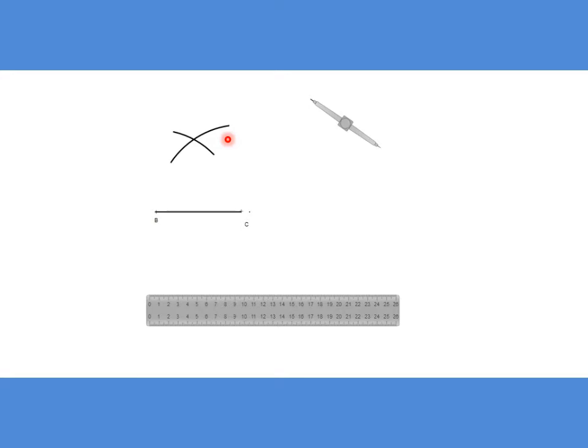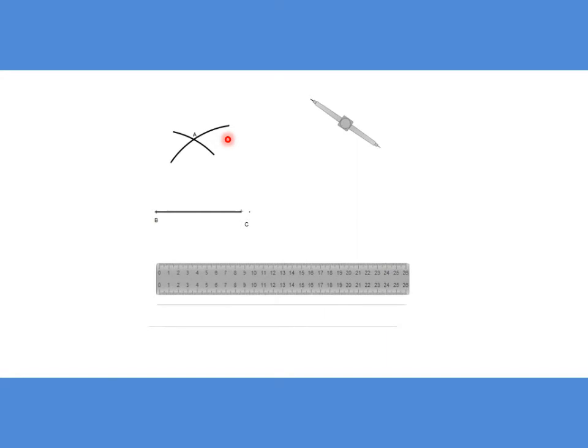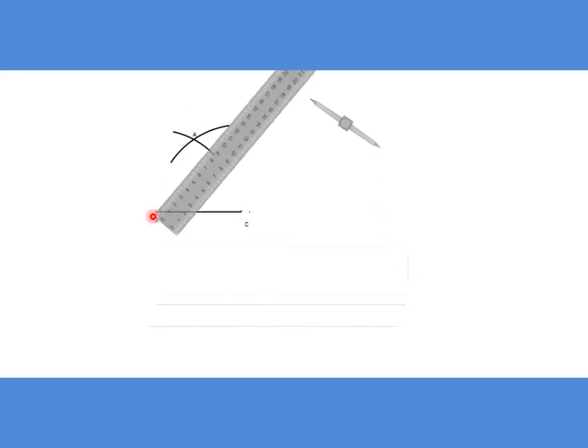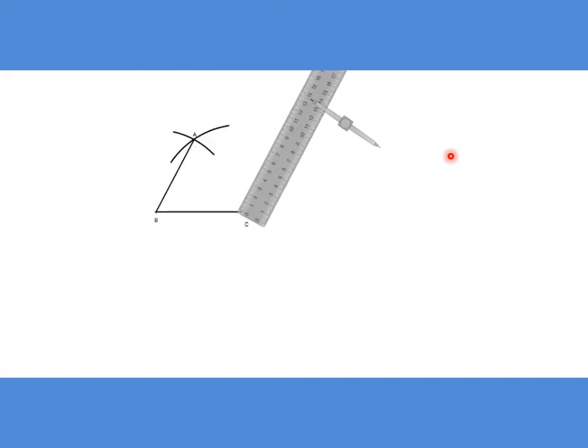Yes, this is the third vertex of the given triangle. Next, join AB and AC. First of all, I am going to join AB. Yes, this is one side, that means another side of the given triangle.